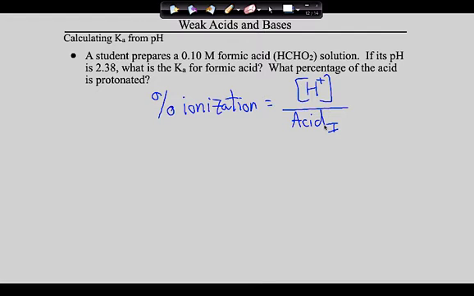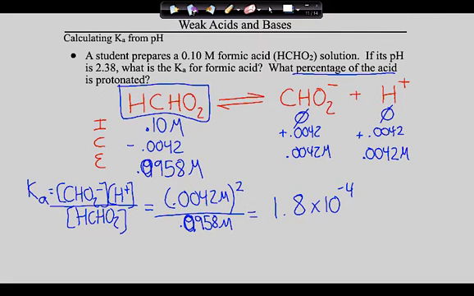So think about what we're saying. The hydrogen ion concentration at equilibrium tells us how much of it broke apart. The initial acid concentration tells us how much of it was there to break apart. So going back to our initial setup, we had 0.0042, this number, as our concentration of hydrogen ion, and this number is our initial concentration.